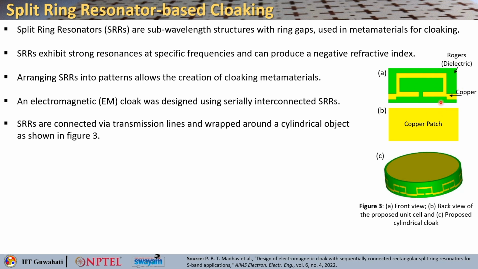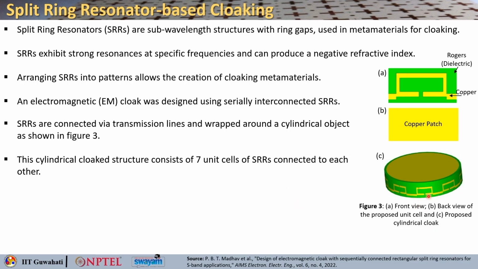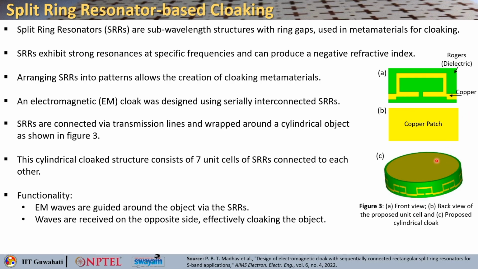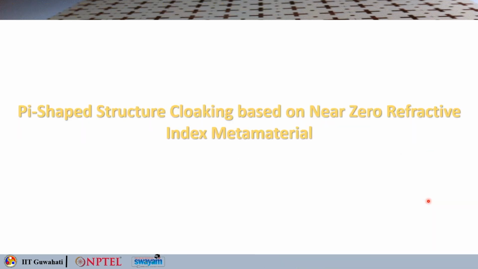They can be connected via transmission line and wrapped around a cylindrical object, as you can see in this figure. Specifically, there are 7 unit cells of split ring resonators connected to each other to cover this cylindrical cloaked structure. And how it works: electromagnetic waves are guided around this object via the split ring resonators, and the waves are received on the opposite side, effectively cloaking the object.